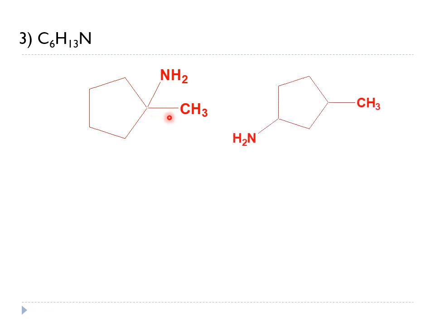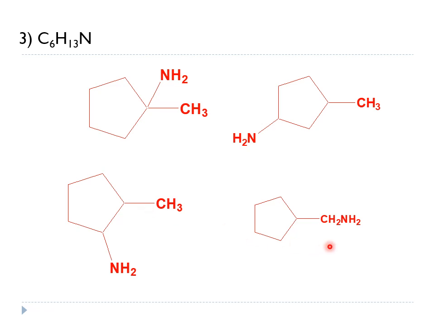Another isomer would have the methyl group at carbon number 3 of the cyclopentane. The methyl group is at carbon number 2 for the third compound, and for the last, the methyl group or the carbon is inside amino itself.